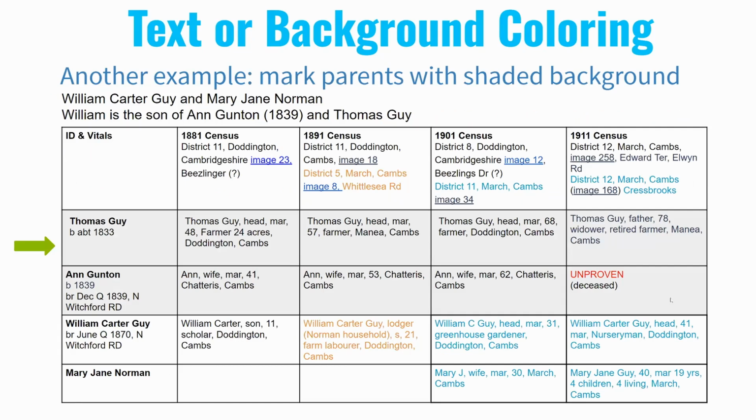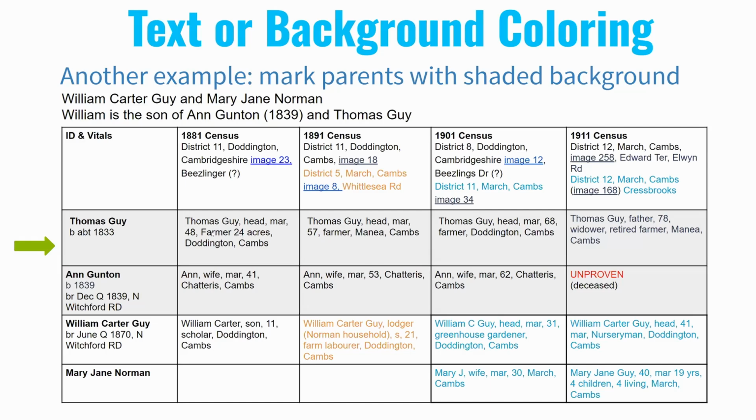Another thing that I'll do sometimes, so we are looking now at the timeline grid for William Carter Guy, the son, on the other timeline grid that we were looking at. I found that sometimes it's helpful to keep the parents on the grid of a child even after they leave home and get married. But I found that when I did that, I would sometimes get confused.